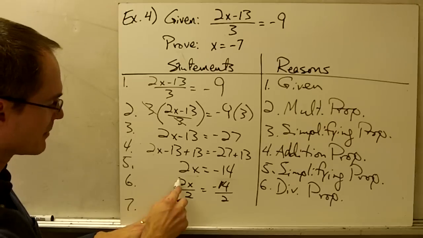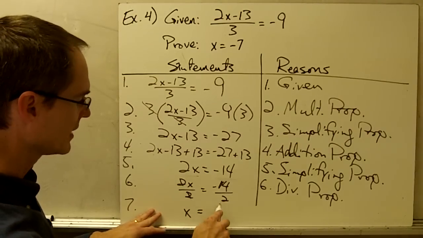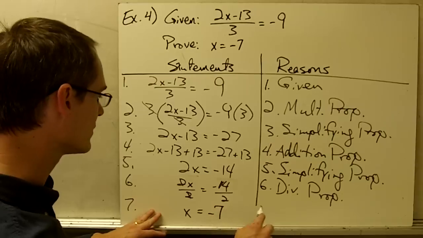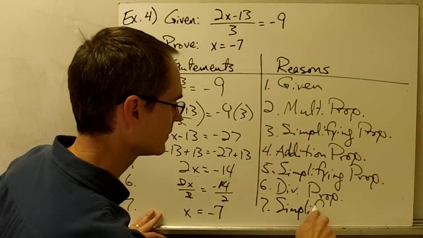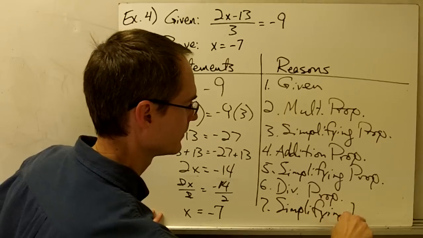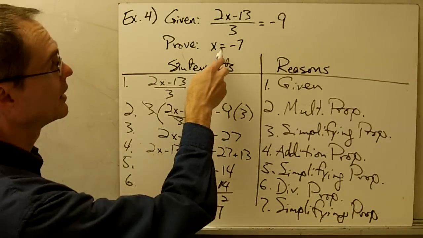And finally, my last statement, I simplify this by canceling my 2's, which gives me x. Negative 14 divided by 2 is negative 7. And I've used the simplifying property again. And I've just proved that x is equal to negative 7.